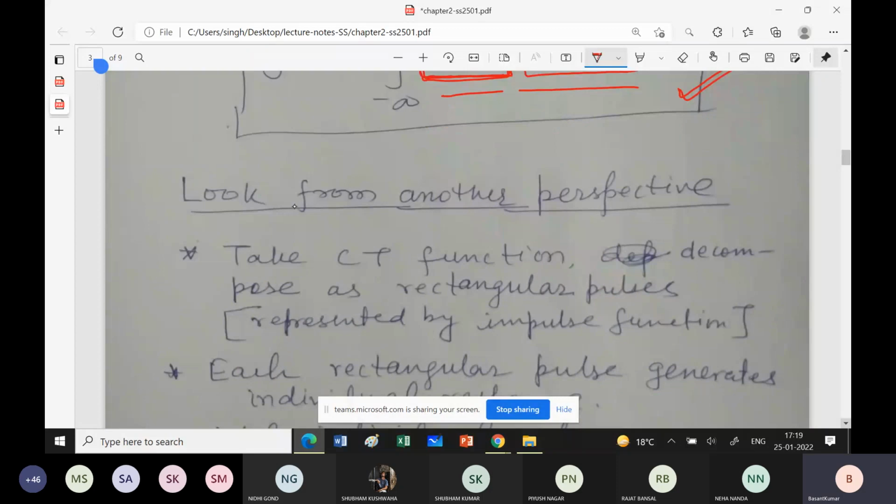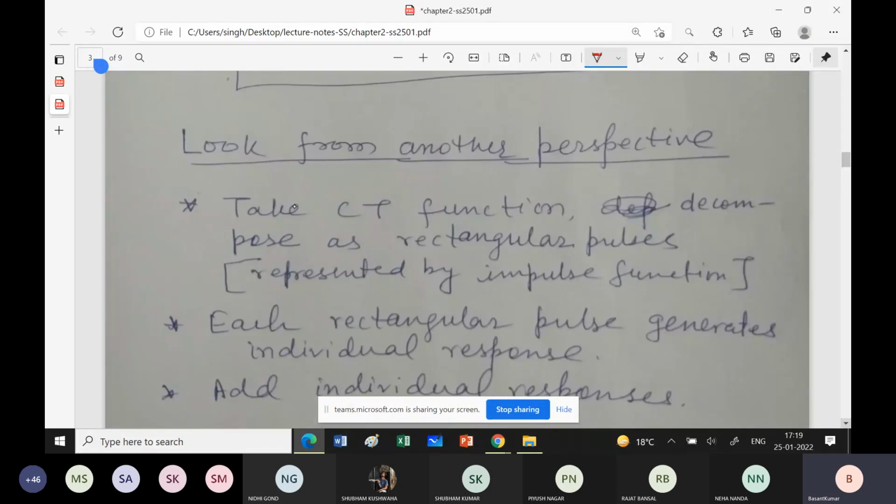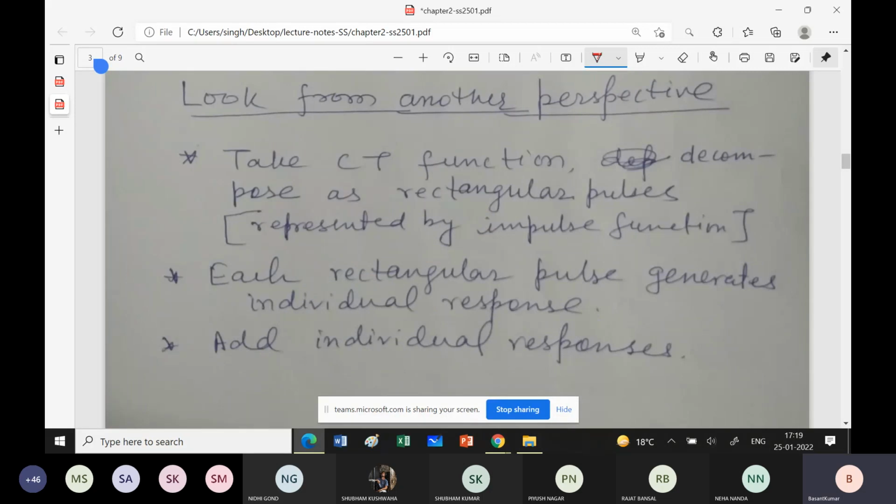Okay, so look from another perspective. What we are doing is, we take a continuous time function and decompose it as rectangular pulses. You know that rectangular pulses you can represent mathematically as an impulse function. So that is what we have done.